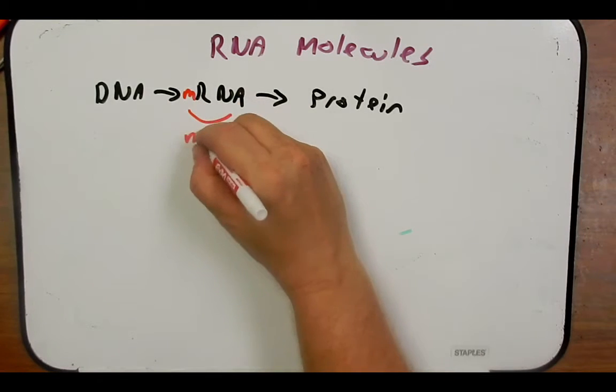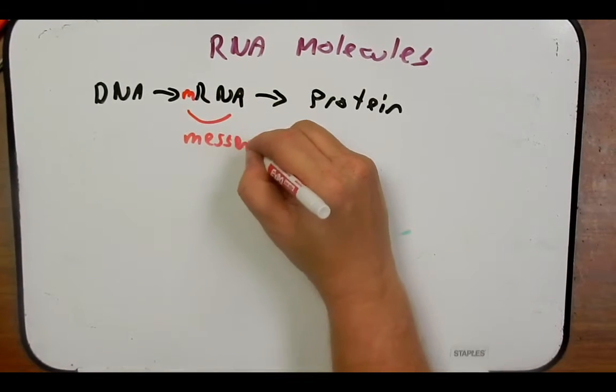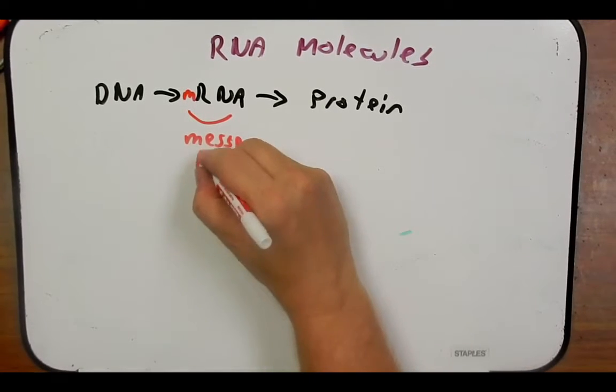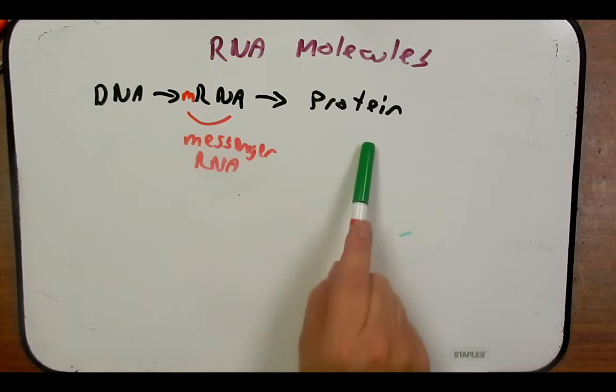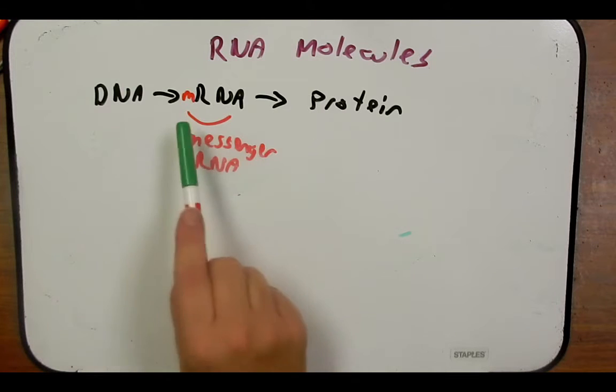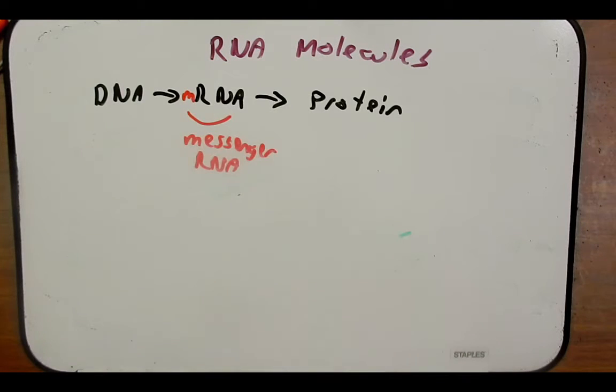So this is our messenger RNA. Transfer RNA, all the other RNA molecules are also transcribed. But when we think about what this initial central dogma stated, it was going from DNA to RNA to protein. In this case, we're talking about messenger RNAs. But I do also want to stress again that when we make all the other RNA molecules we're going to talk about, that is still transcription and it's still coded by the DNA.